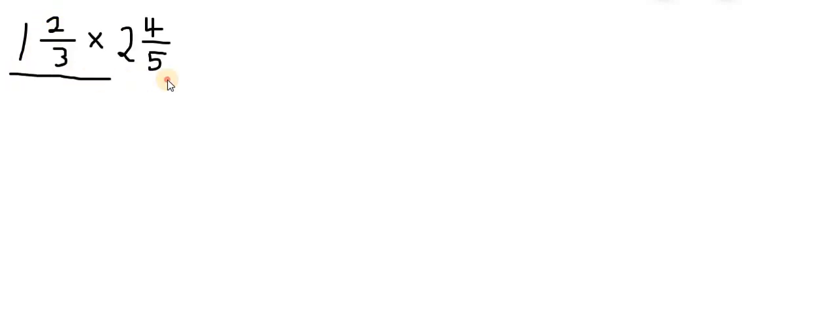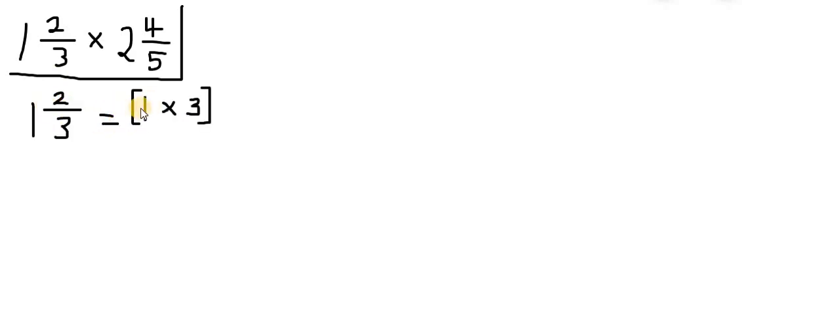Now, what happens when we have to multiply fractions like this? First things first, these are both mixed fractions. So the first thing to do is to convert each one to an improper fraction. So 1, 2 over 3 would be the same as whole number 1 times 3, the bottom number, and then we add the top number of the proper fraction 2, and then the bottom number never changes, remains the same.